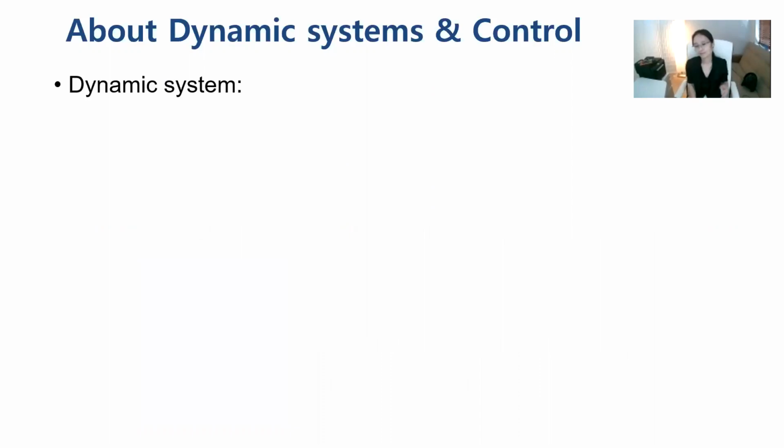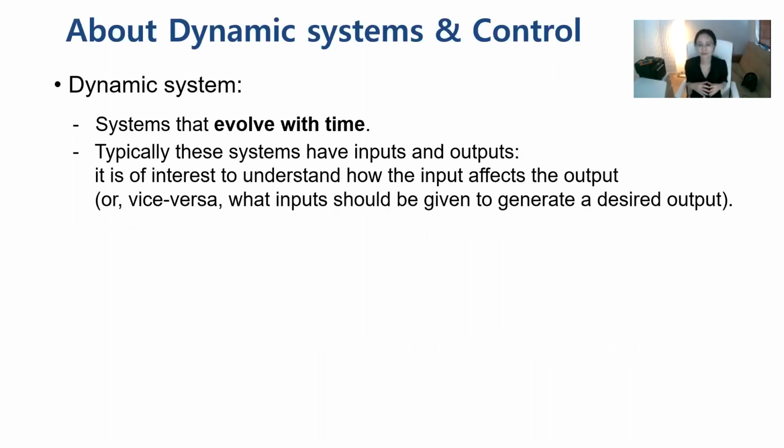So what's a dynamic system? Any idea? A dynamic system is a system that evolves with time. What does it mean? Typically, these systems have inputs and outputs, and we want to understand how the input affects the output.